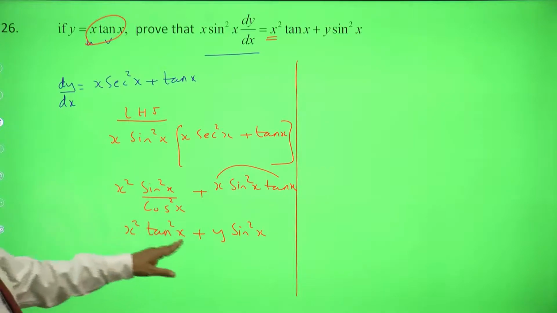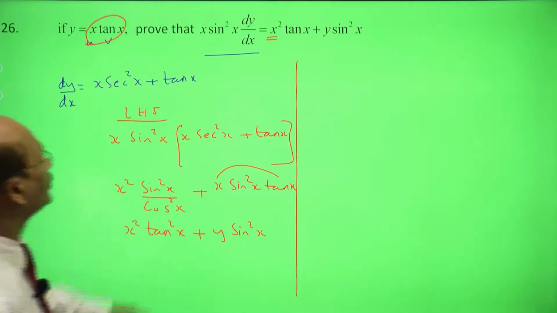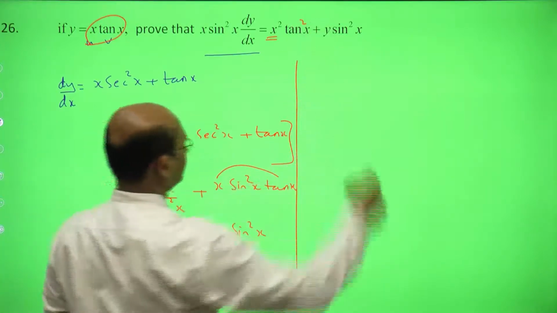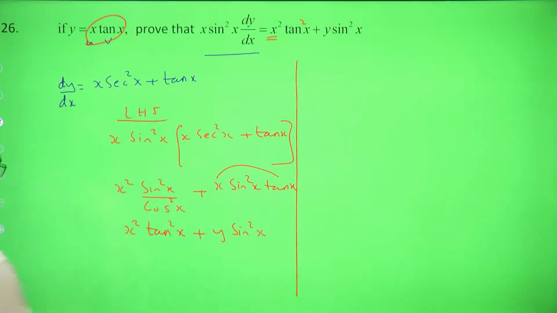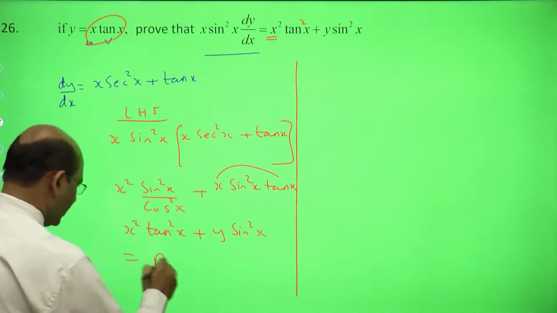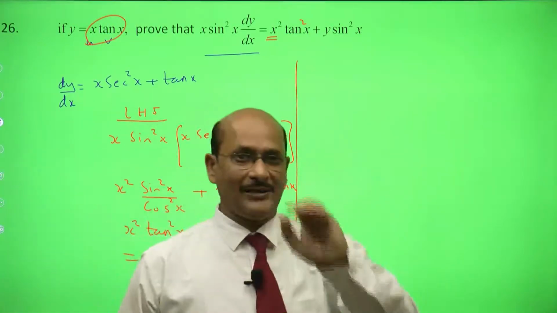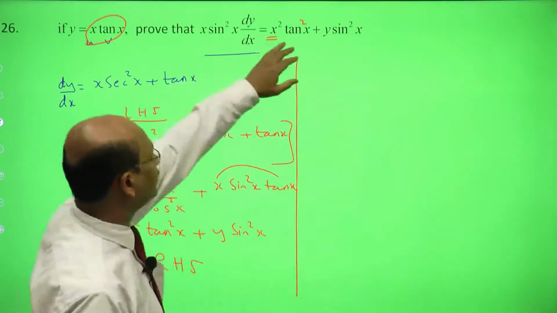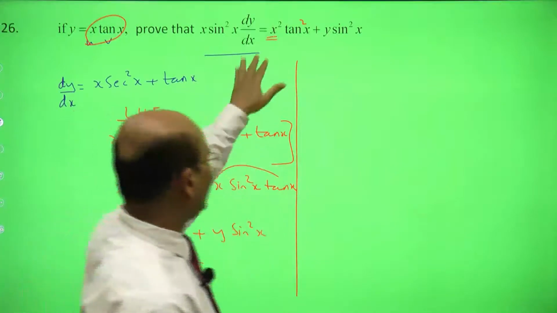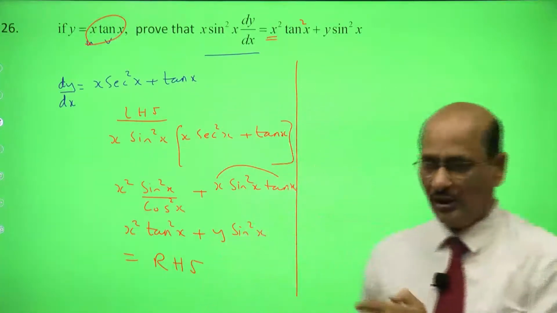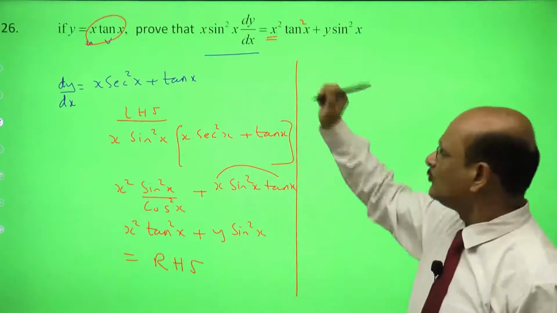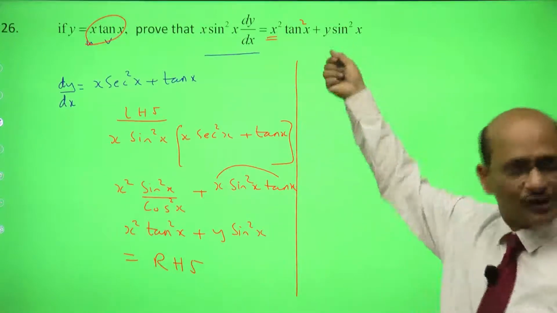So, x square tan square x plus y sin square x. I think this is nothing but RHS. Don't change it in the examination, the sums will be proper. There might be some typing error, but from my side I will definitely verify the authenticity of this mistake, right. If it's not there, then we have to prove this, but if it's there, please change the soft copy.